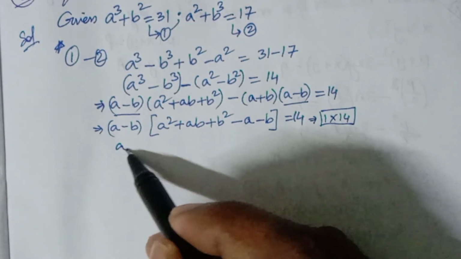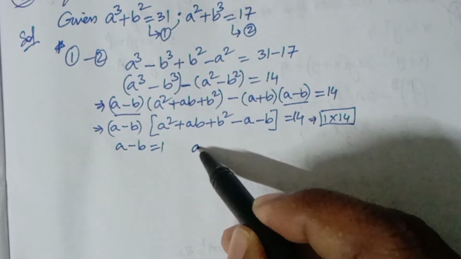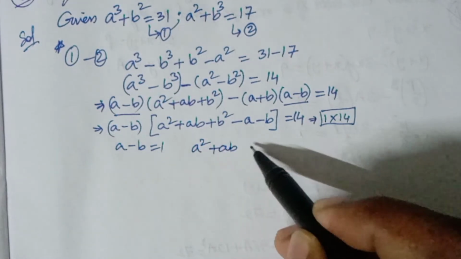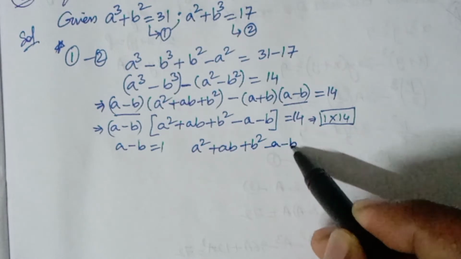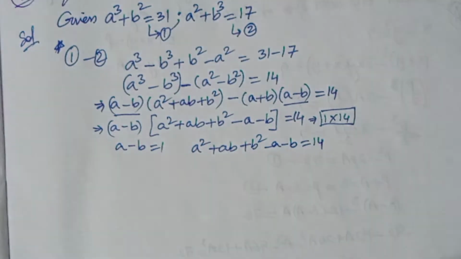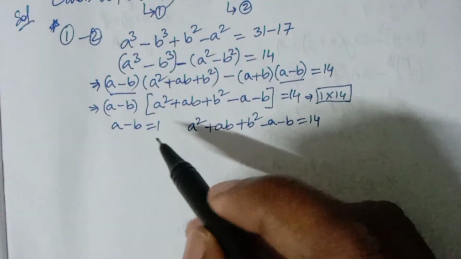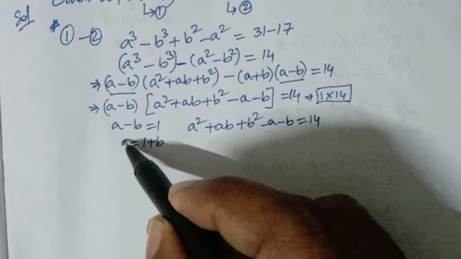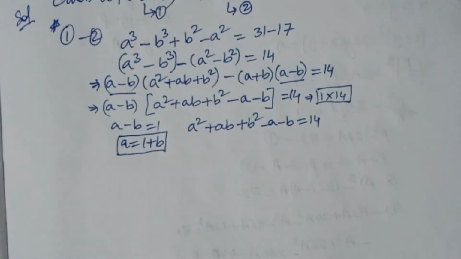So a minus b is equal to 1 and a square plus ab plus b square minus a minus b is equal to 14 we are taking. So here you can write a is equal to 1 plus b. This is the second logical step we are using here.